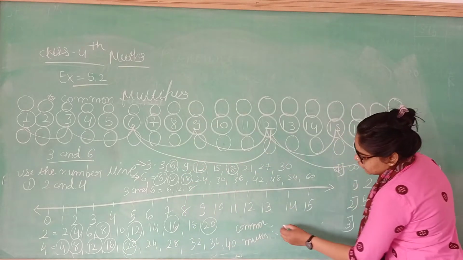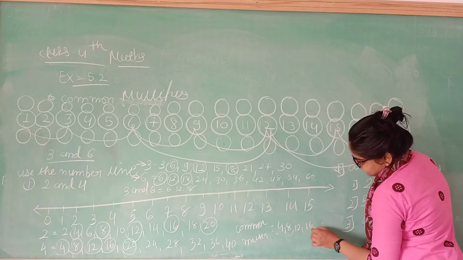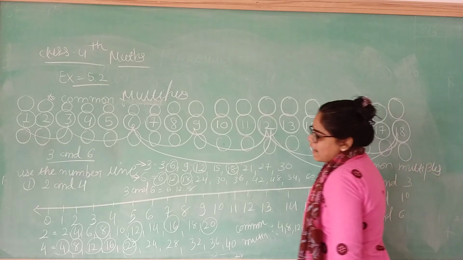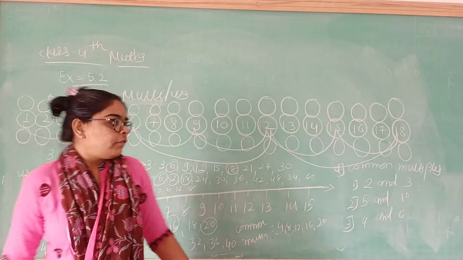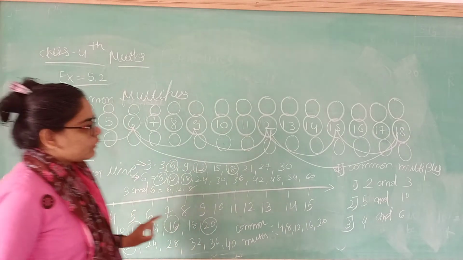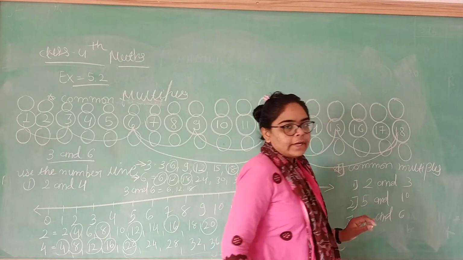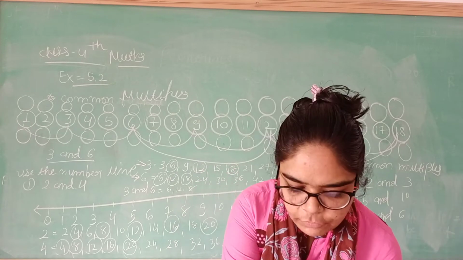So write down here: 4, 8, 12, 16 and 20 are the common multiples of 2 and 4. Same way you find out 2 and 3, 5 and 10, and 4 and 6.